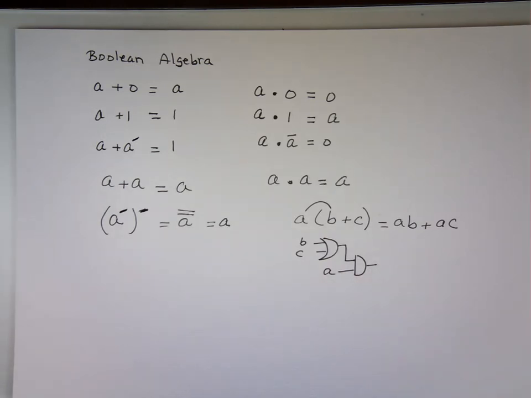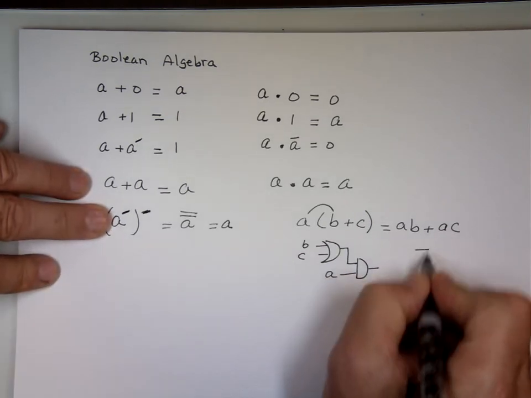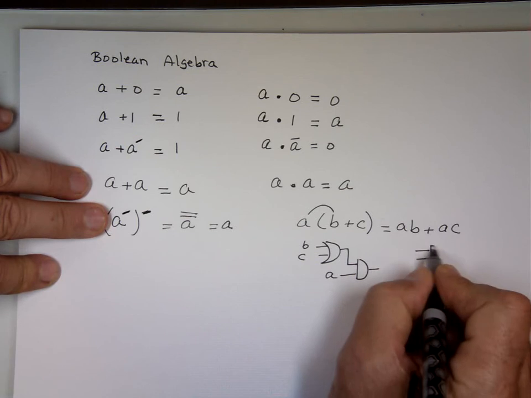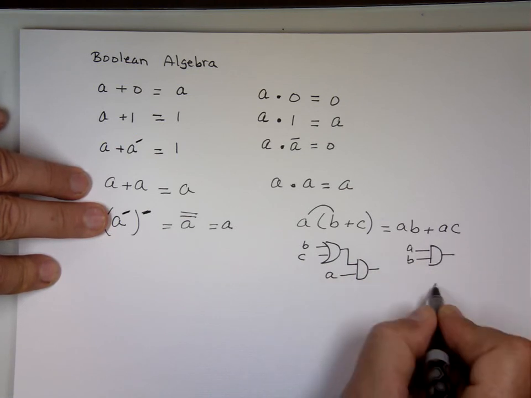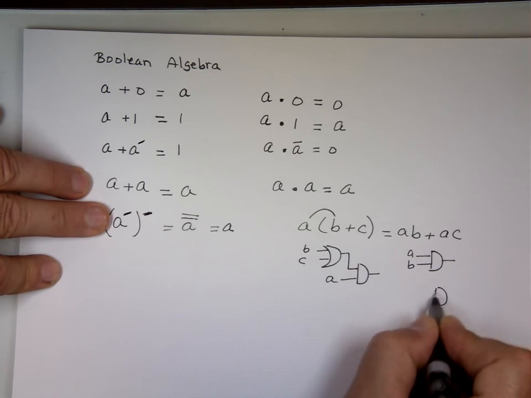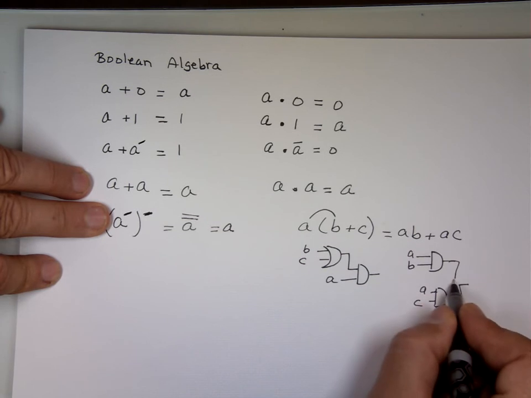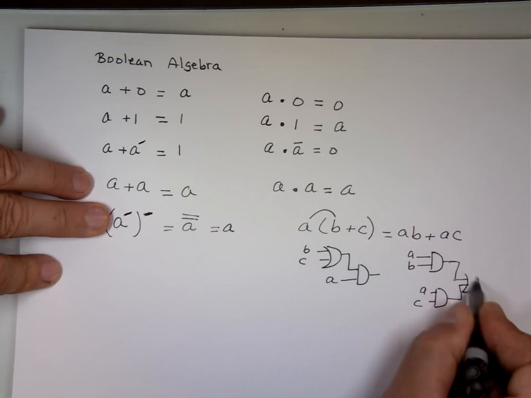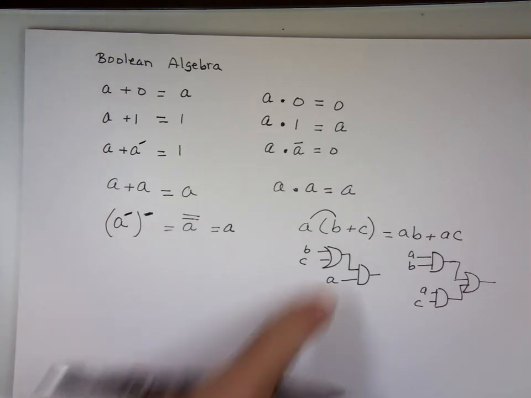Right here, this is 2 AND gates and the result. How many gates are we using? 3. 2 versus 3. It's the same thing.